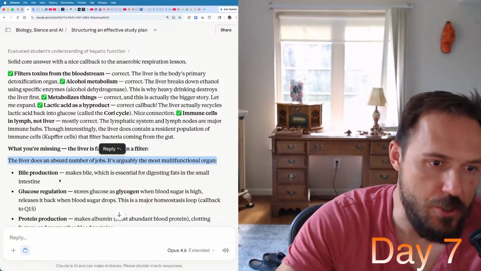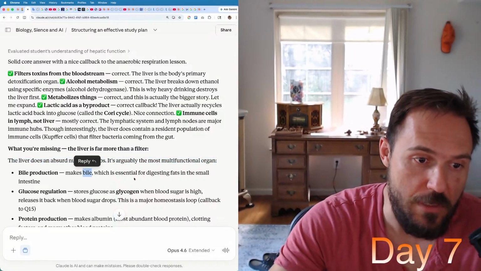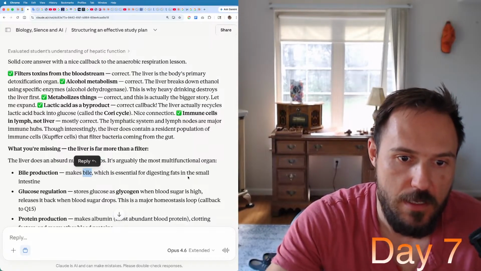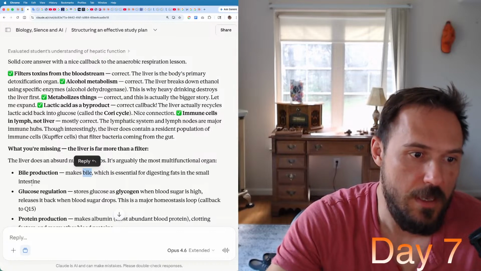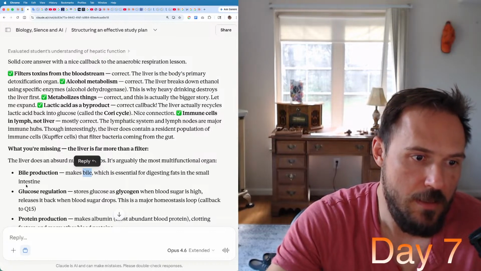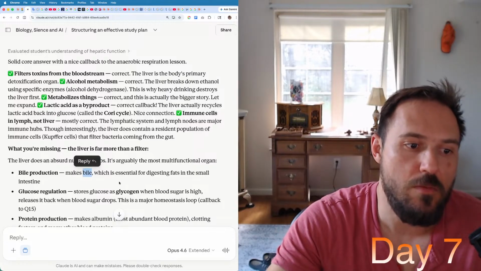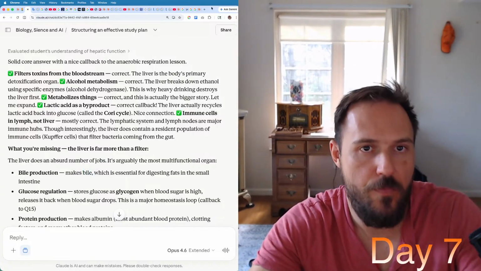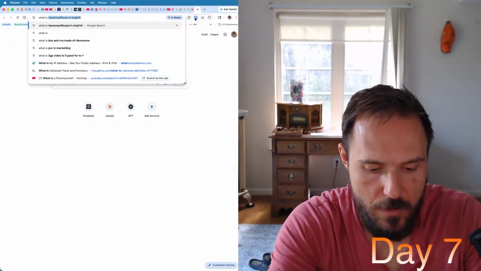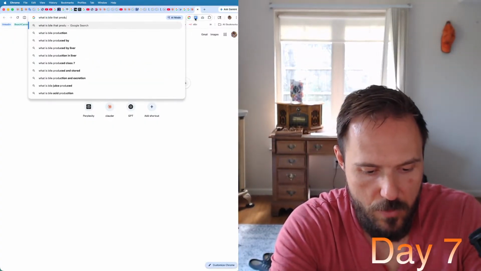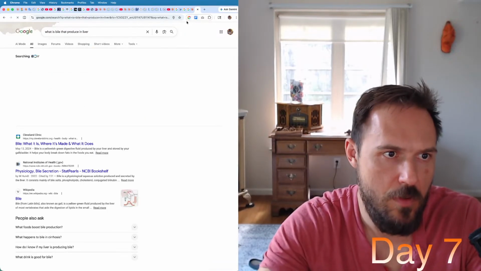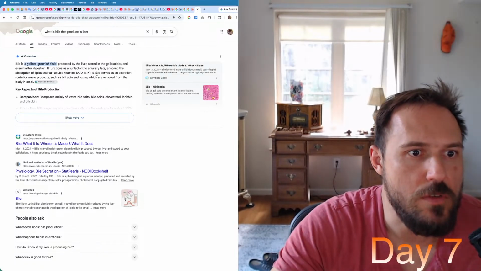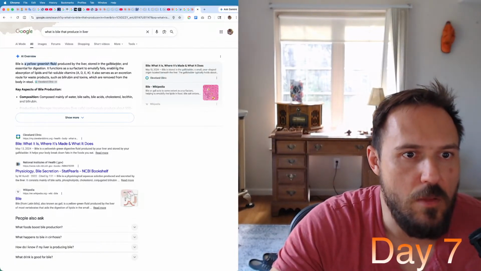Bile production. It makes bile. I have no idea what bile is. It's essential for digesting fats in the small intestine. Oh, in the small intestine. Bile is a yellow-greenish fluid produced by the liver, stored in the gallbladder.